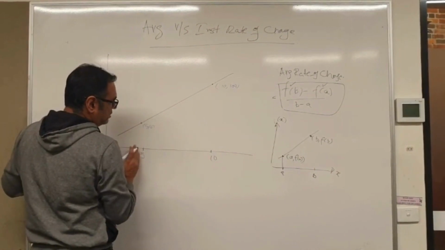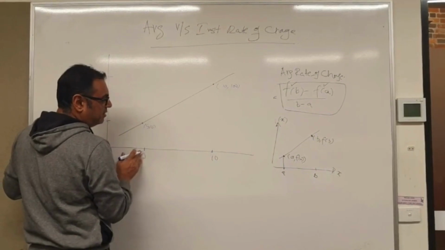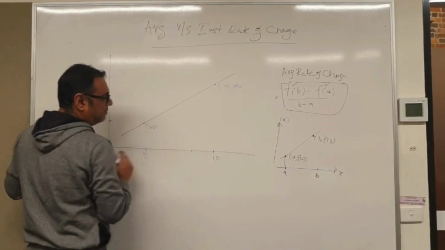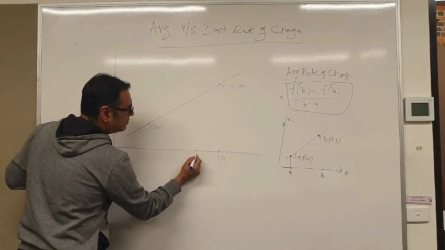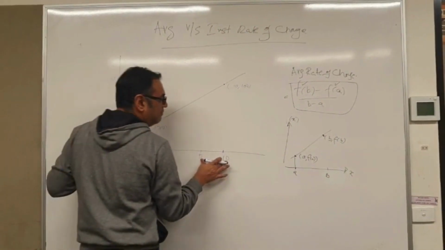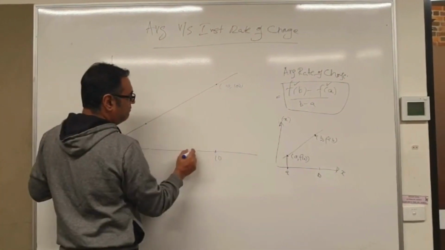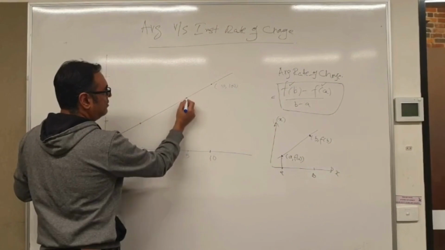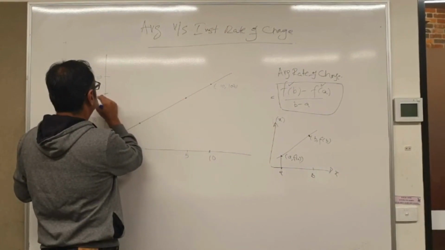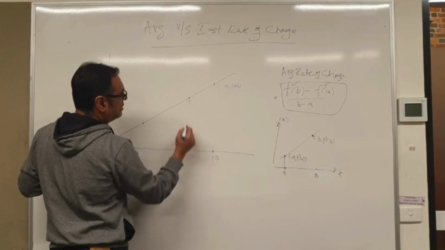Now let's try to push this 5 here. Now this 5 sits here. And I ask you, okay, give me the rate of change between these 2 points. You'll say, easy, right? Now I've shifted here. Let's say this is 80. So let's say this 5 is now 7 basically.